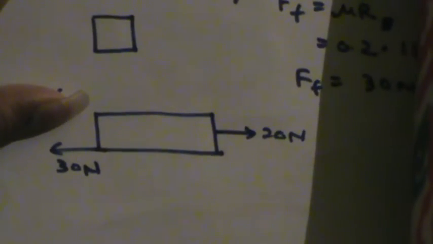So the total applied force is less than the total frictional force, so B will also be stationary. So the acceleration of both these objects is 0. So that's an example in which the applied force is on the second object and there is no friction between the two objects, but there is friction between the bottom object and the surface.